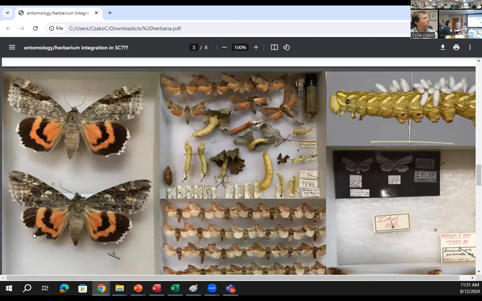Unlike most collectors who go everywhere to collect everything, he just really wanted to document what was on his property in the Santee Delta. So he hired a full-time assistant from the Charleston Museum. He collected every night. He converted one of his outbuildings into a laboratory, and another into a gigantic moth trap with banks of lights inside and shutters that opened at dusk and closed at dawn, so he could walk in every morning and pick up his moths.